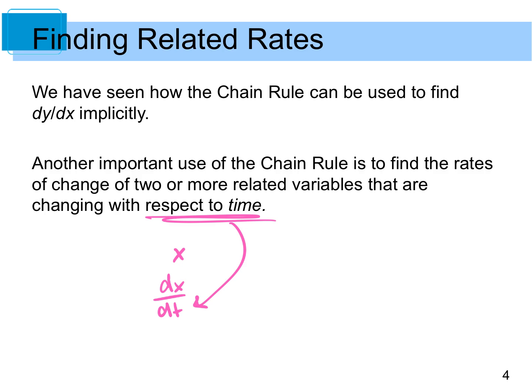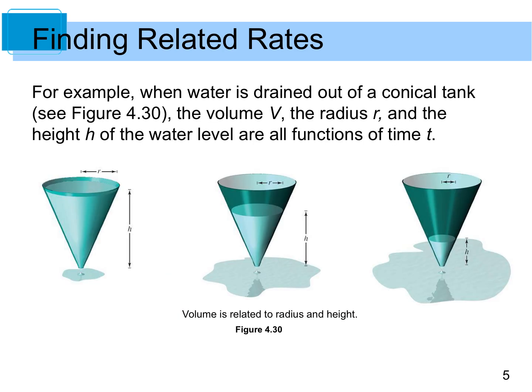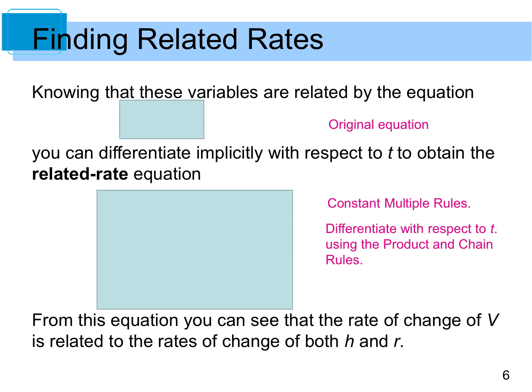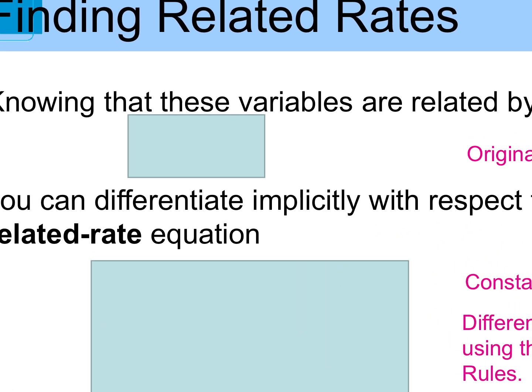So for example, when the water is drained out of a conical tank, the volume, the radius, and the height of the water level are all functions of time. So knowing that these variables are related by the equation, our volume for a cone would be pi over 3 r squared times height.